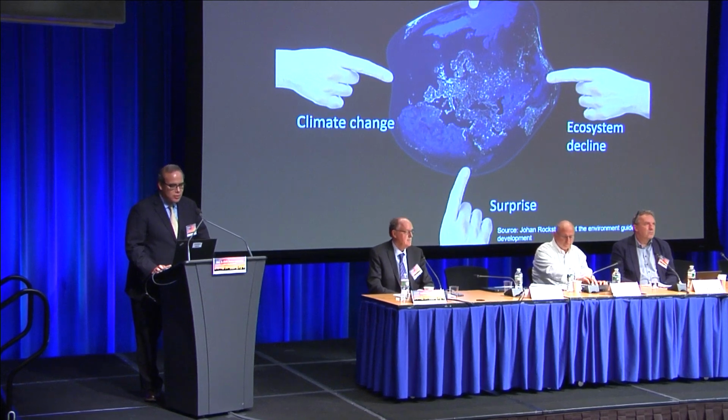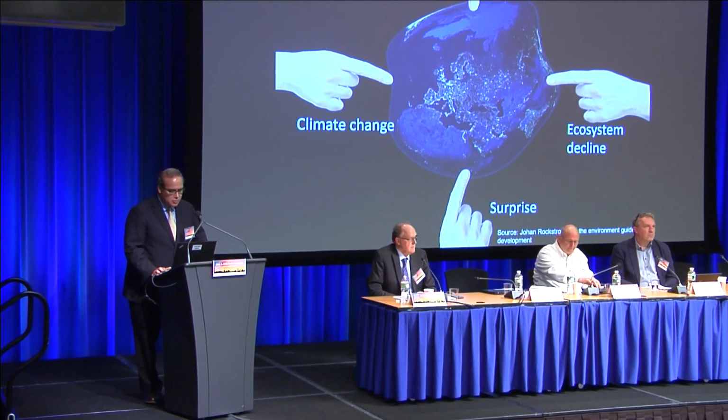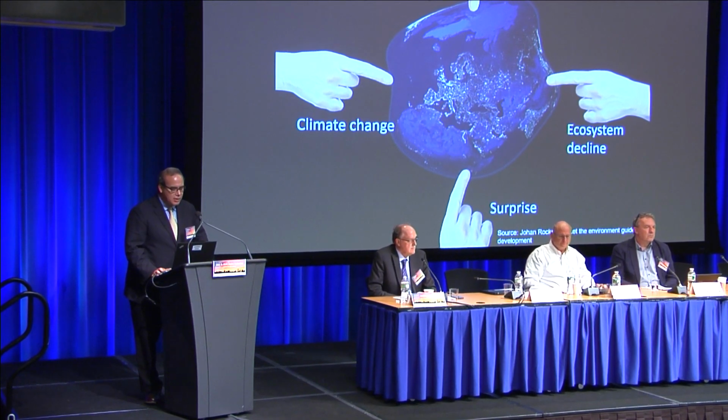And finally, we have surprises, no? Like the eruption that just happened in Hawaii and also happened in Guatemala, and so on and so forth. So there are many surprises that are happening in this world, and that means that we need to be ready. And we not only need to be ready, but we need to have a great balancing act. We need to close the food gap.